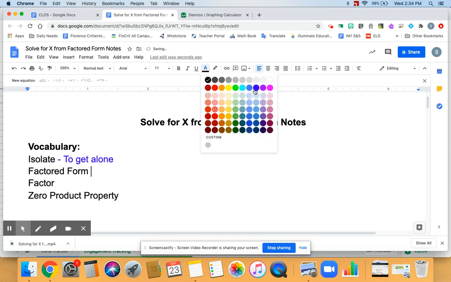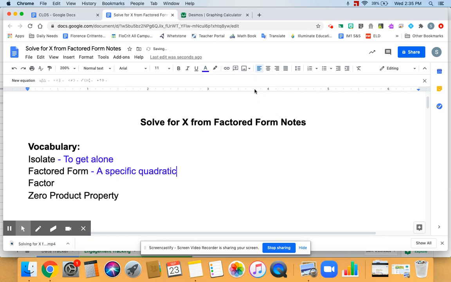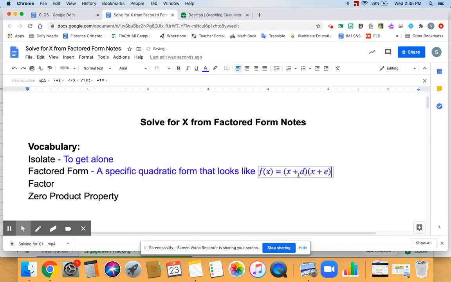Factored form is a specific quadratic form that looks like this: parentheses x plus some number times x plus some other number. And we call them D and E. The reason why it's called factored form is because of the word factor.